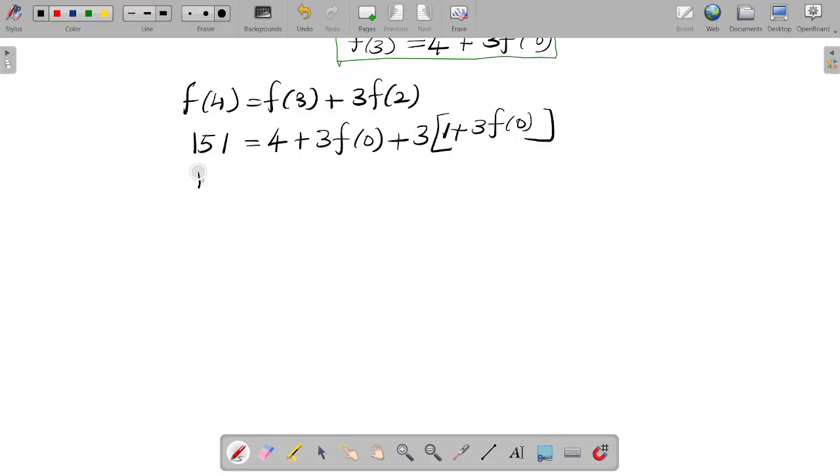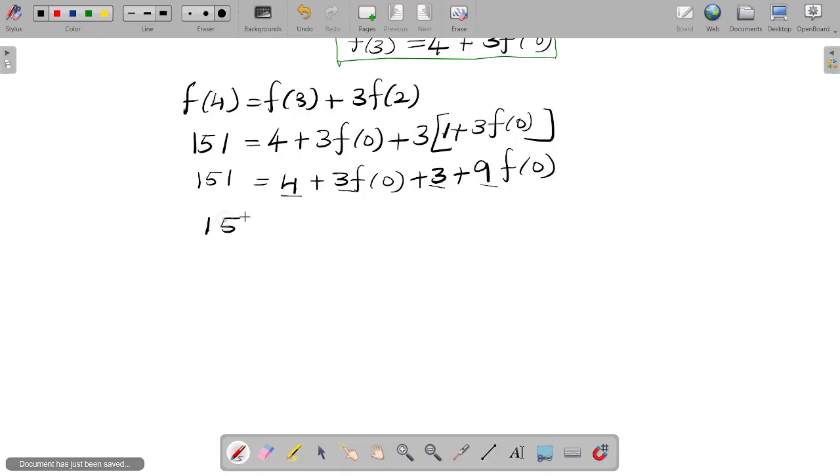So 151 equal to 4 plus 3 times f of 0 plus 3 times 1 is 3, plus 3 times 3 is 9 f of 0. Collect the like terms: 4 plus 3 equal to 7, and 3 f of 0 and 9 f of 0, so 12. So 151 equal to 7 plus 12 times f of 0.